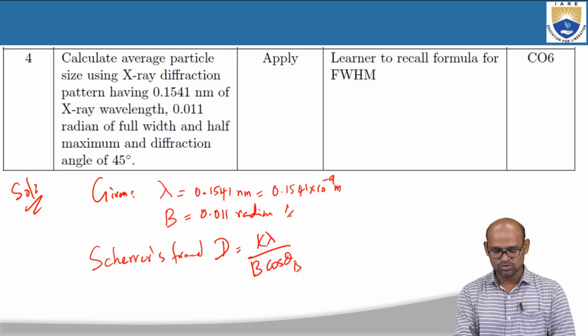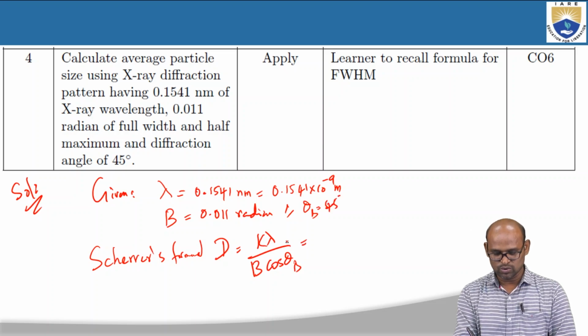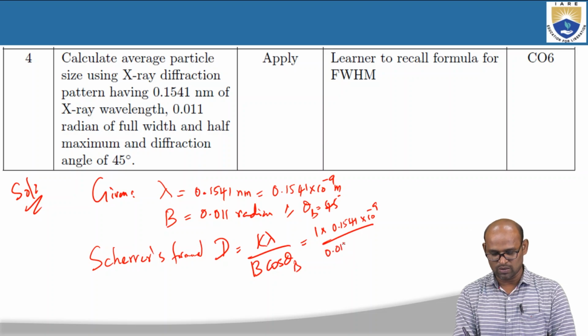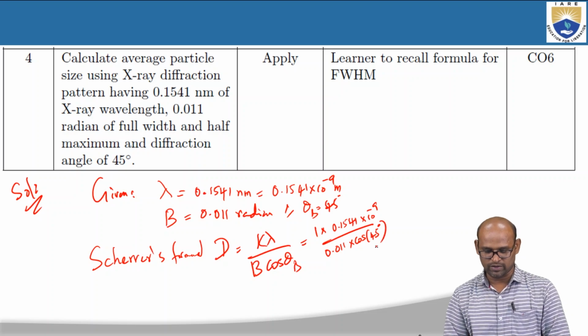Theta also they have given, diffraction angle is given as 45 degrees. K is mostly 1. So, 1 into lambda, lambda is given as 0.1541 into 10 power minus 9, divided by B, which is 0.011, into cos theta B, that is cos 45 degrees.